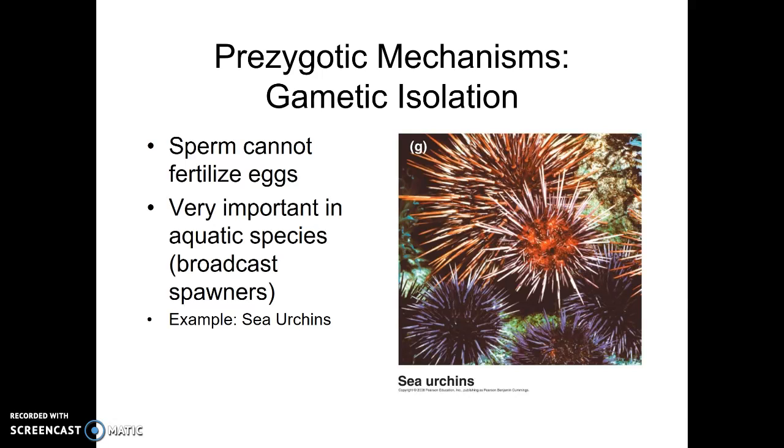They are what's called broadcast spawners, as are most trees. They broadcast spawn, so they will send out the sperm into the ocean, and wherever it lands is what they're going to try to fertilize. But if it's not the same species, that new organism is not going to be made.